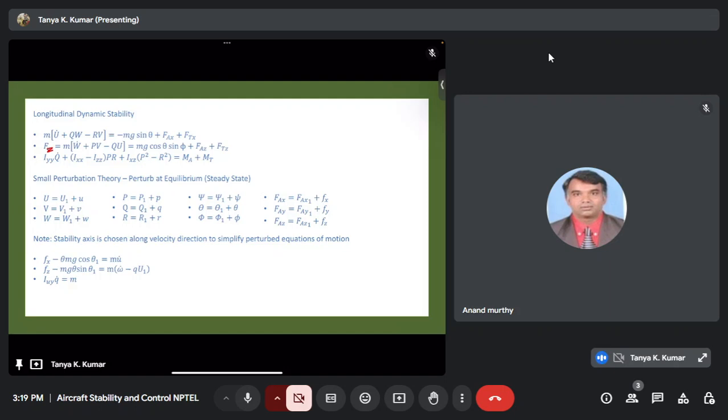Then we introduced the small perturbation theory. What this said was that you pick an equilibrium point and then assume that a small perturbation is applied to it.